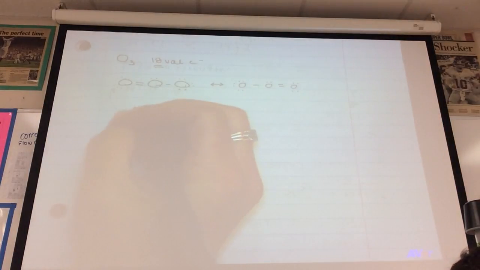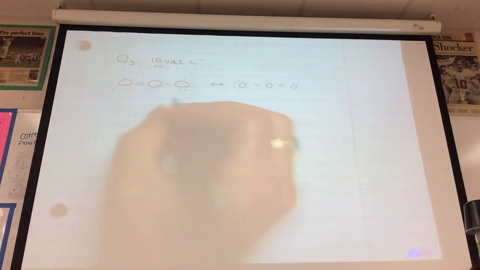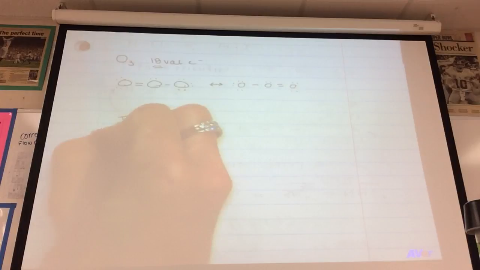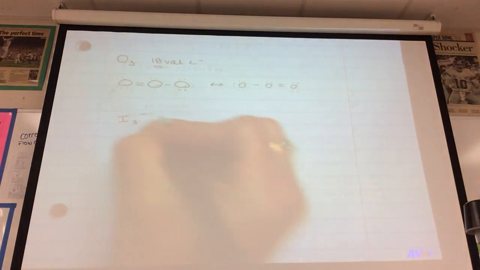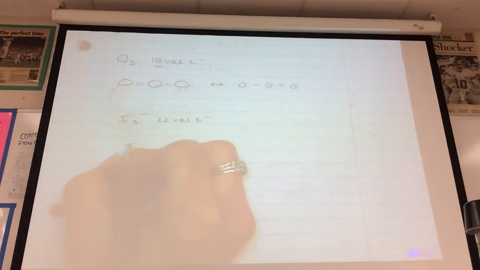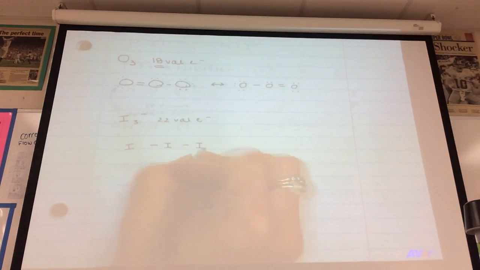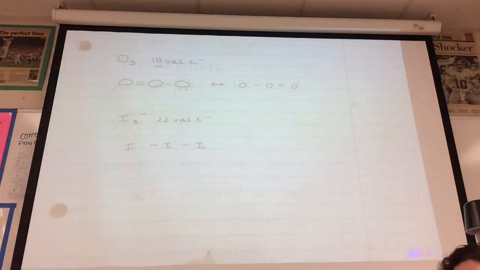It's especially important, for example, if you had a triiodide ion, 3 times 7 plus 1 for the additional electron is 22 valence electrons. And here's where you might miss something if you did not count your electrons.